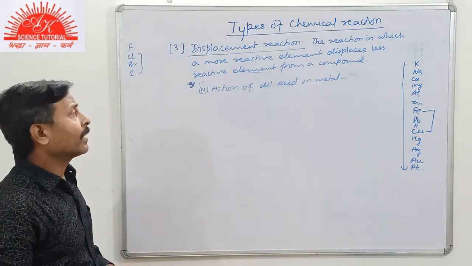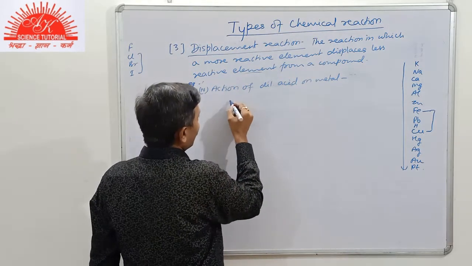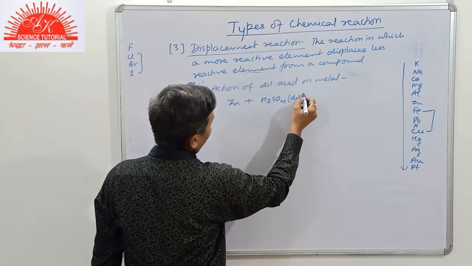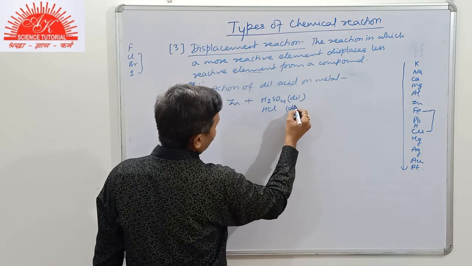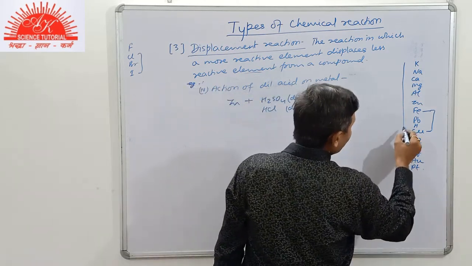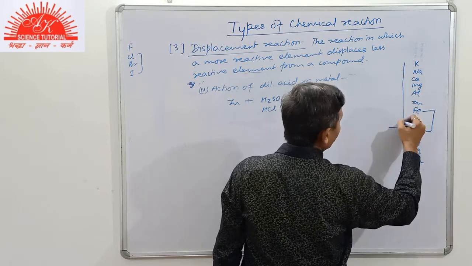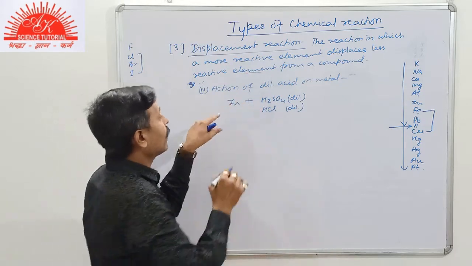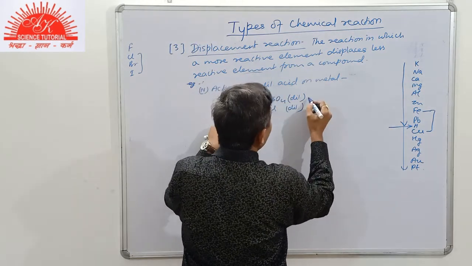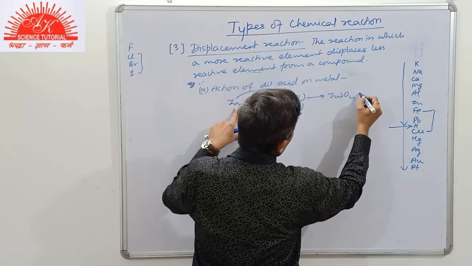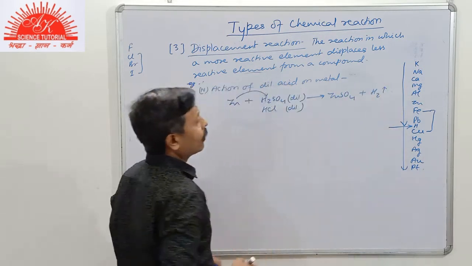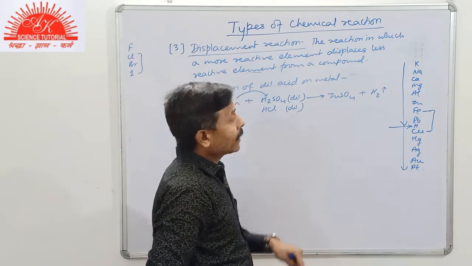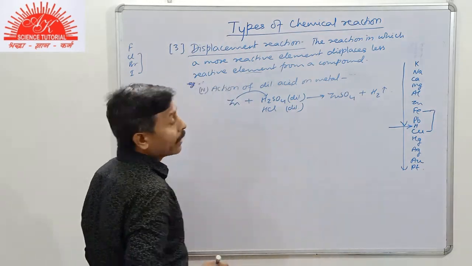So if active metals react with dilute acids, like suppose we take Zn plus dilute H2SO4 or dilute HCl, the metals above hydrogen are more reactive than it. So the metals above hydrogen can displace hydrogen from the compound. As a result, it forms ZnSO4 plus H2, hydrogen gas is evolved. Similarly, if we take hydrochloric acid, then zinc chloride plus H2 is evolved. So this is also a displacement reaction.